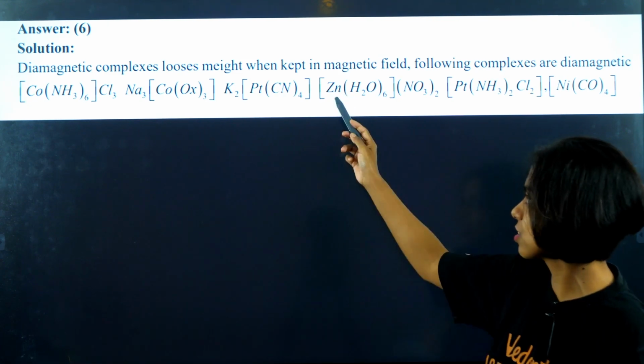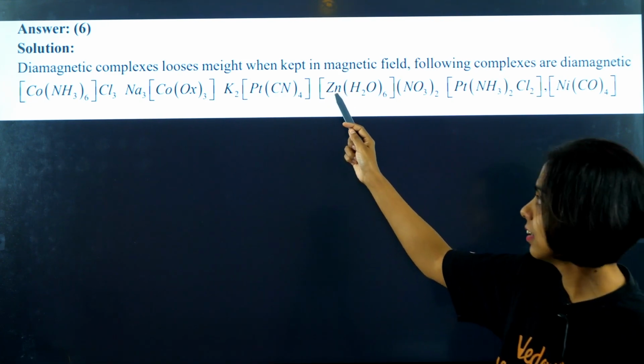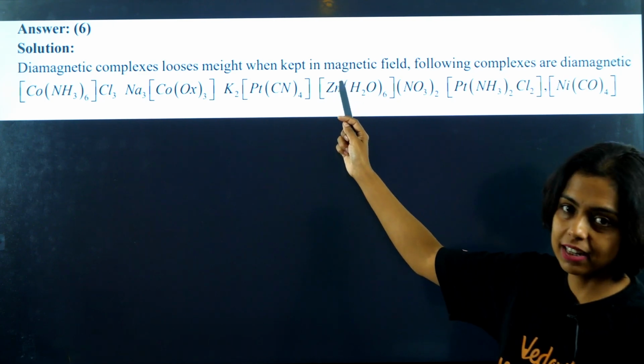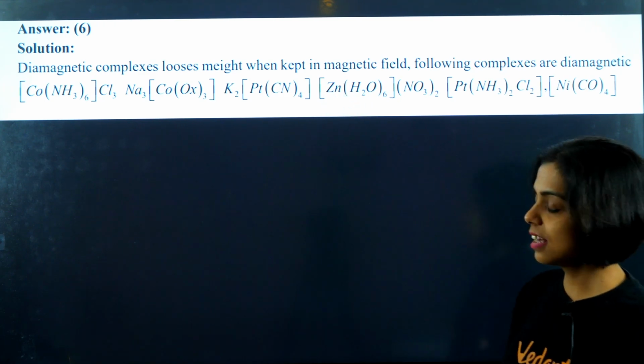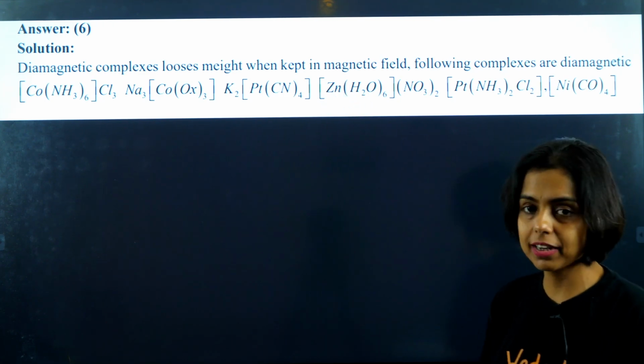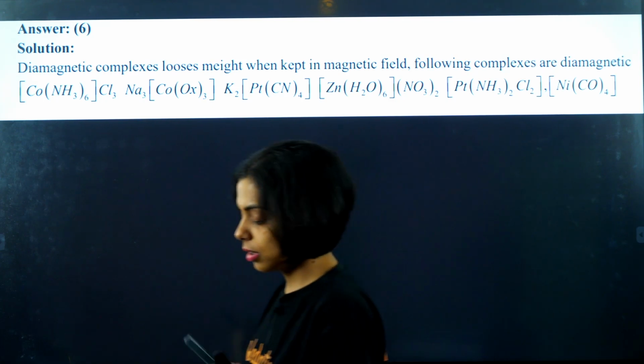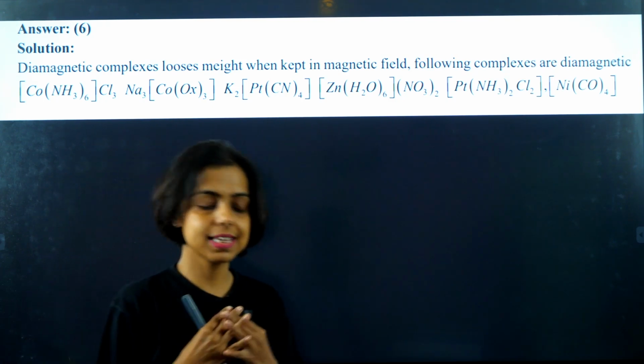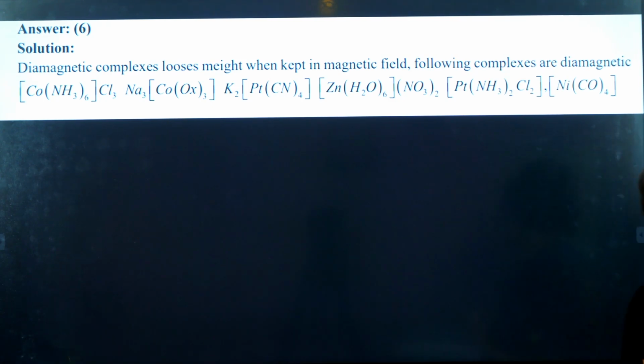You can see the oxidation state of zinc right here. Zinc 3d10. Yes, 3d10 is there, so no unpaired electrons, so diamagnetic. So the total number of complexes that are diamagnetic is 6 here. So you can check here. Diamagnetic species 6, that is the right answer.